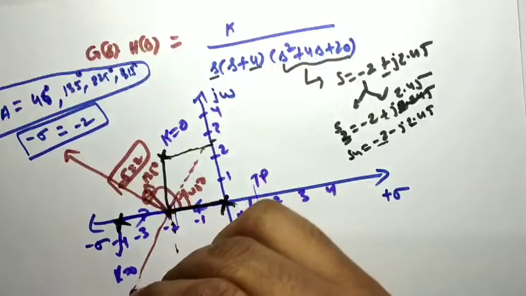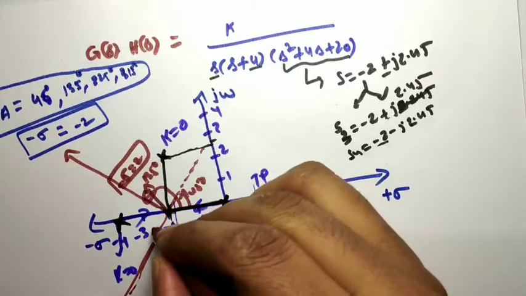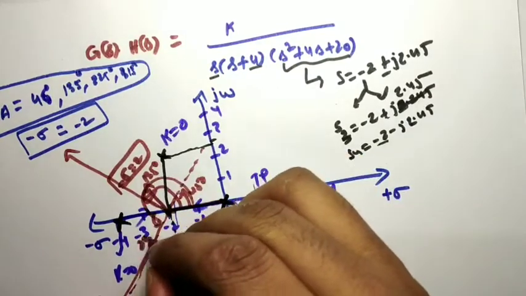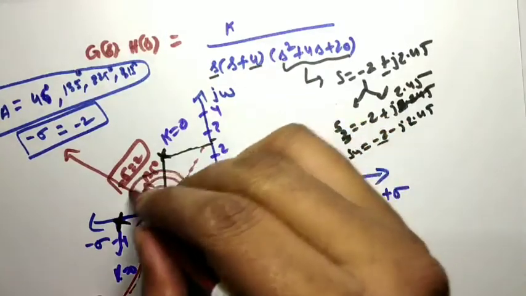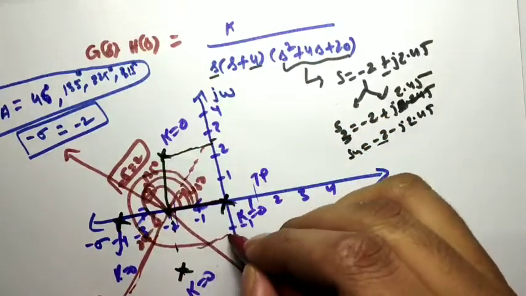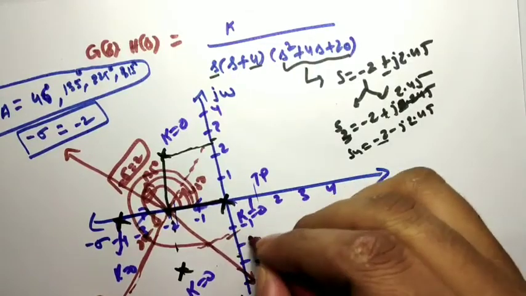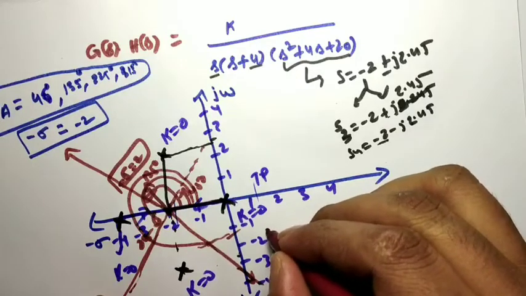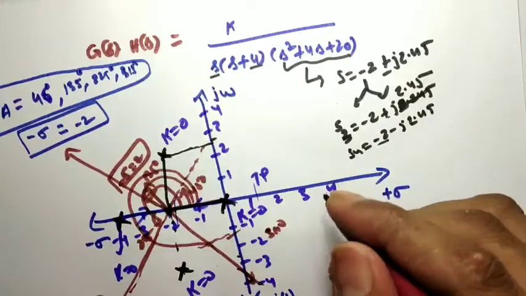The next one will be 225. Total overall this is 225. And again here, the next one will be 315 degrees.